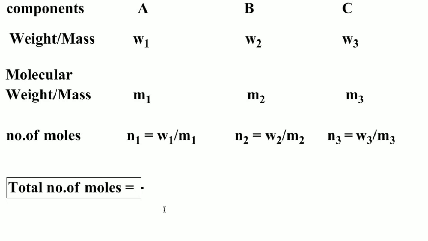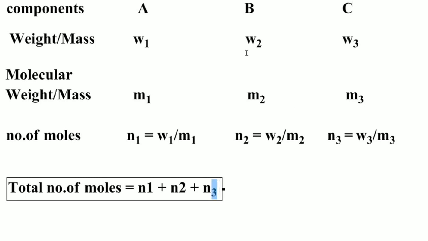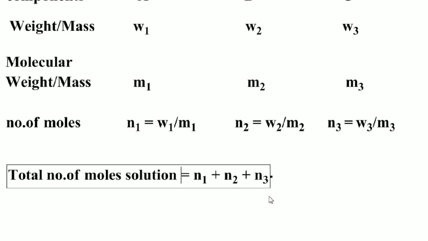Therefore total number of moles becomes N1 plus N2 plus N3, the total number of moles of the solution. Therefore total number of moles of solution is equal to N1 plus N2 plus N3, or you can write it as W1 by M1 plus W2 by M2 plus W3 by M3.